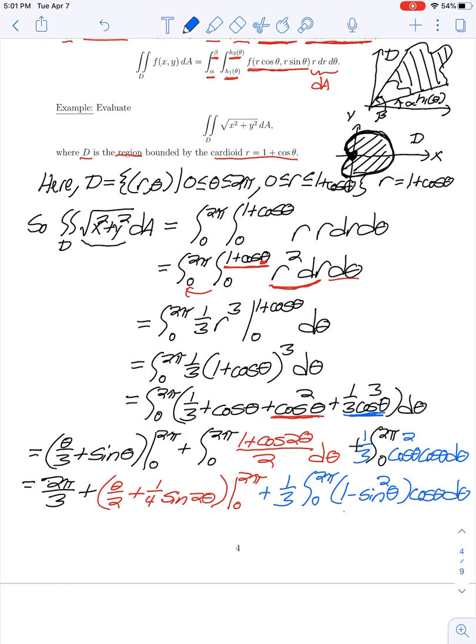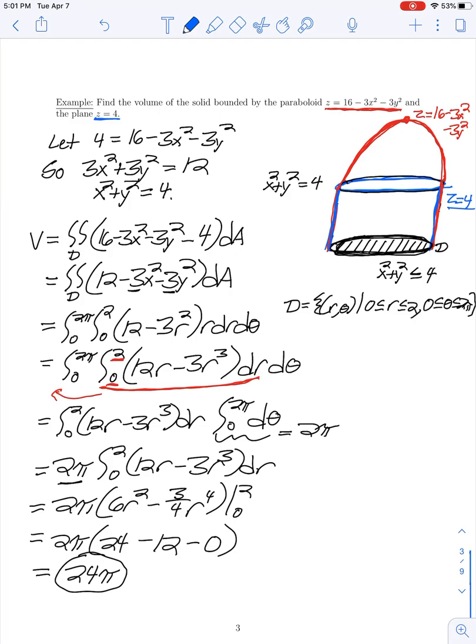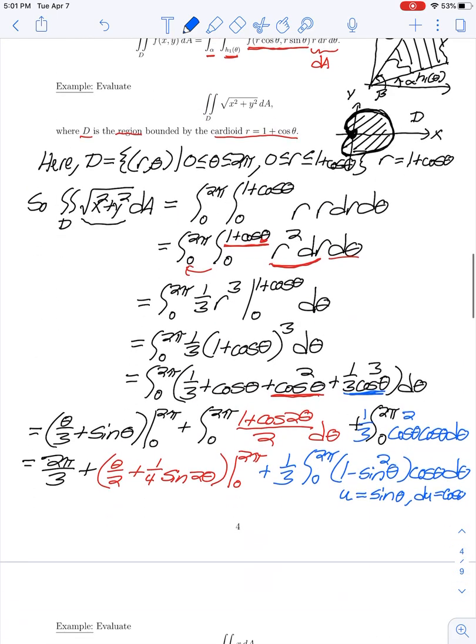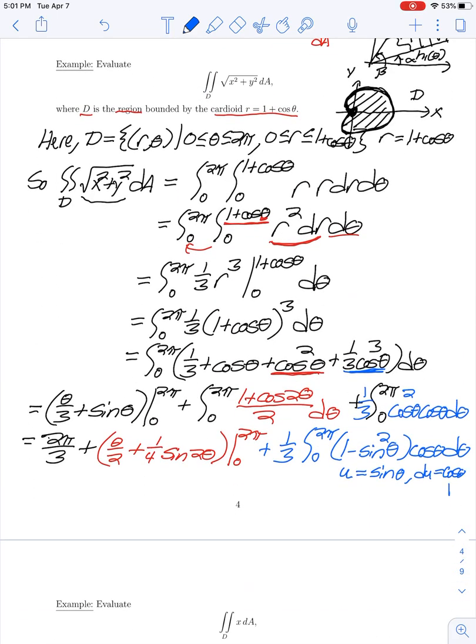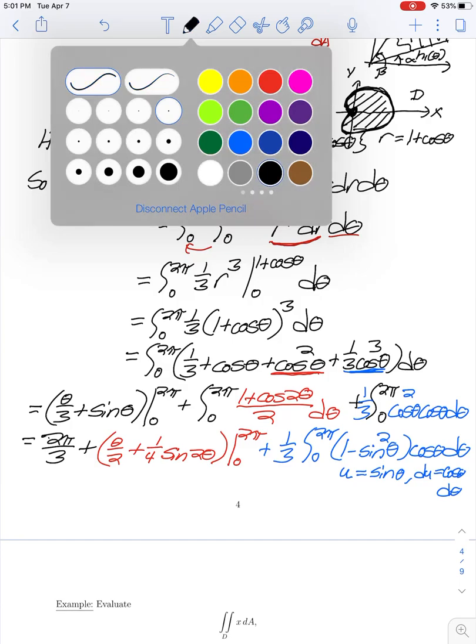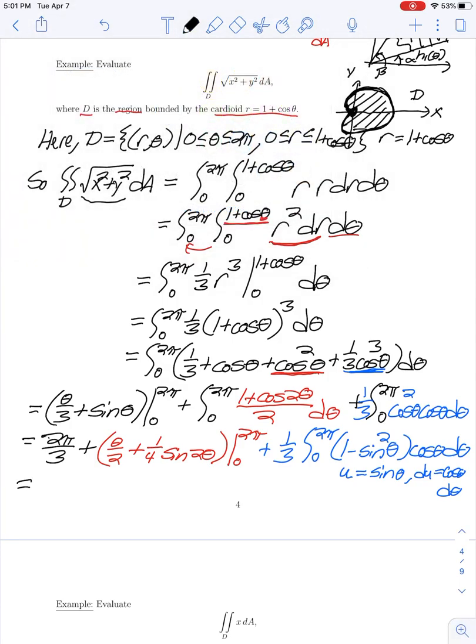And then we're going to make use of a substitution. U equals sine of theta, so that du is equal to cosine theta times d theta. So let's evaluate each of these pieces.